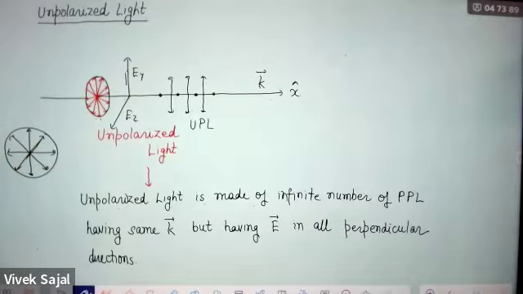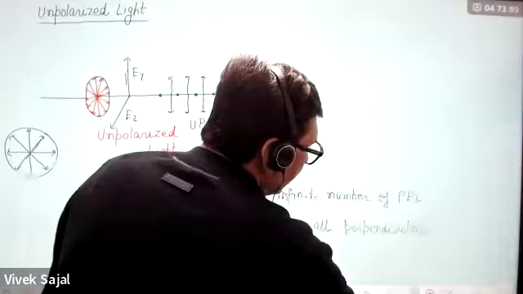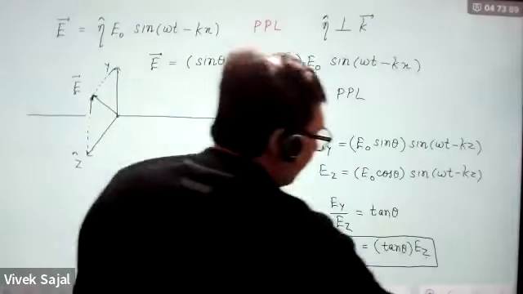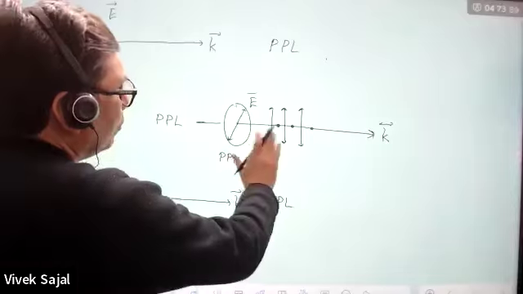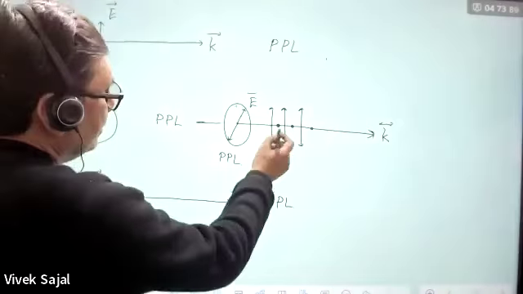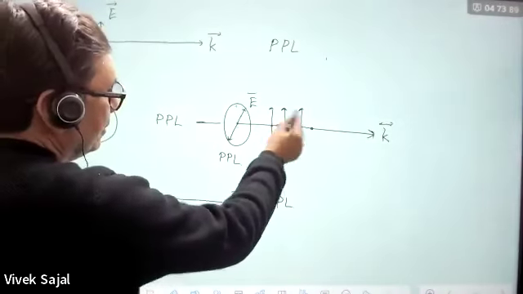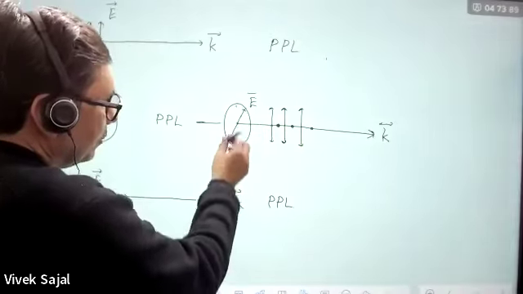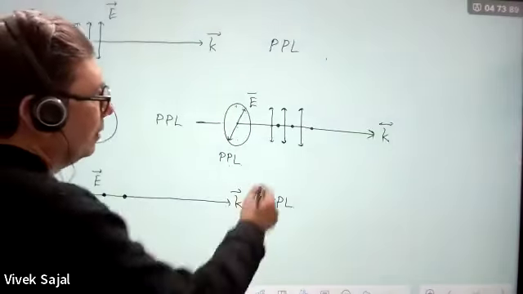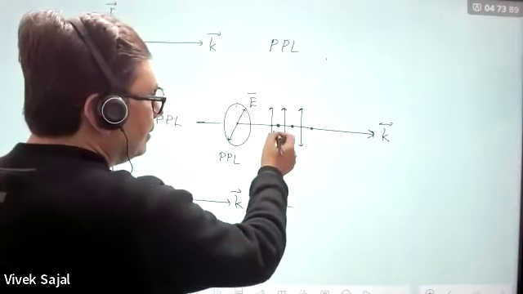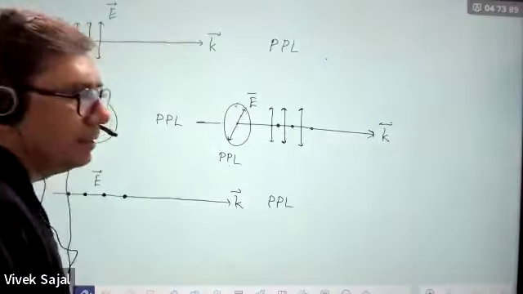Try to understand, this is unpolarized light. We are not going to represent plane polarized like this. This is just the direction. Remember that I'm trying to resolve these electric vectors into two mutually perpendicular directions. This is one direction, and this is another direction.